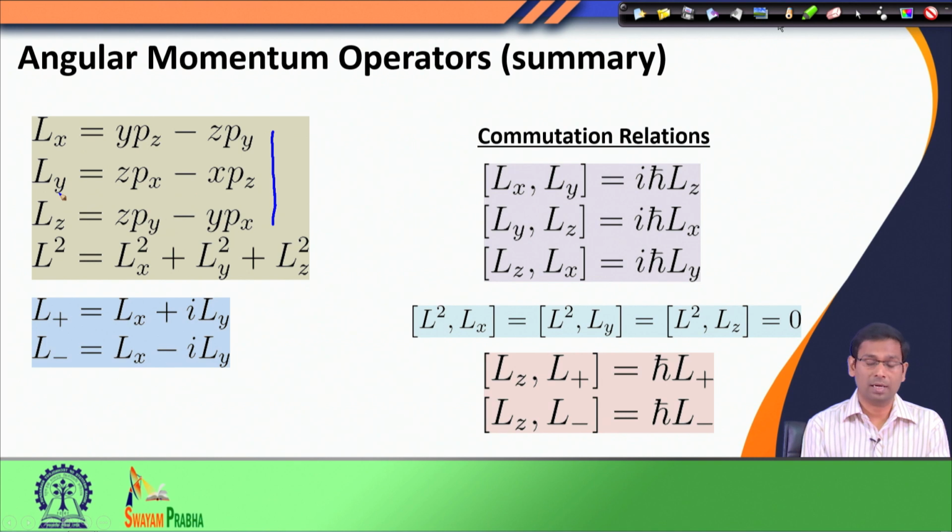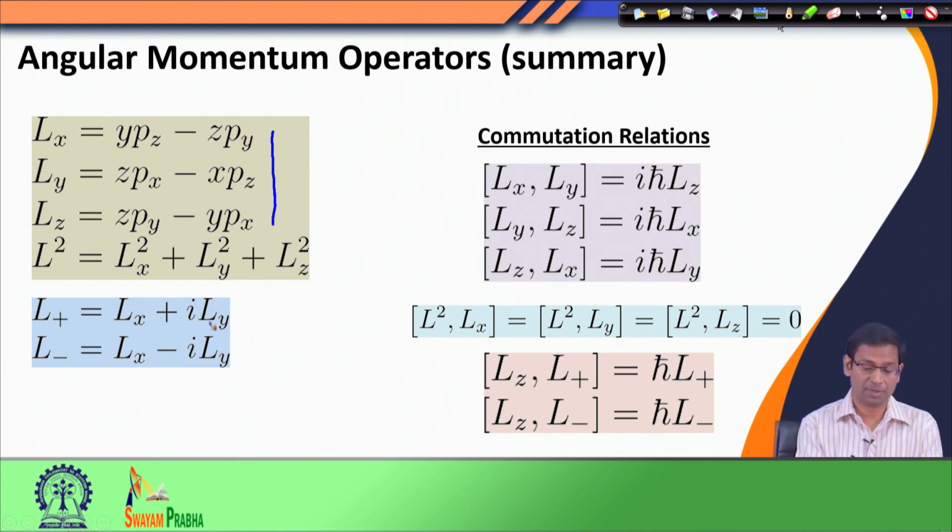With Lx, Ly and Lz, we also defined another operator, L square, which is Lx square plus Ly square plus Lz square. Apart from these four operators, we also defined two additional operators, L plus and L minus, in terms of the Lx and Ly operators. So, L plus and L minus are simply positive and negative combinations of Lx and Ly.